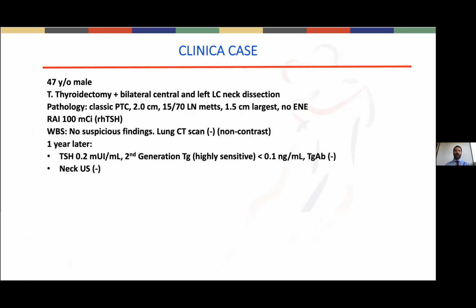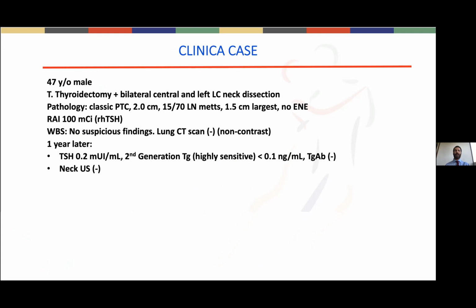I would like to start this presentation with a clinical case. This is a 46-year-old male who had a total thyroidectomy plus a central and laterocervical neck dissection. The pathology report showed a classic papillary thyroid carcinoma of 2 centimeters.